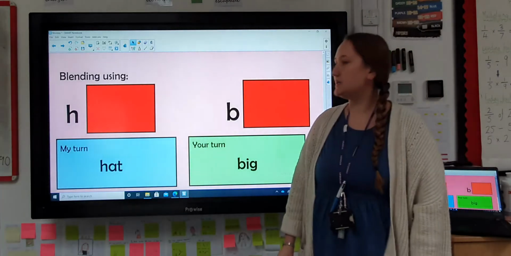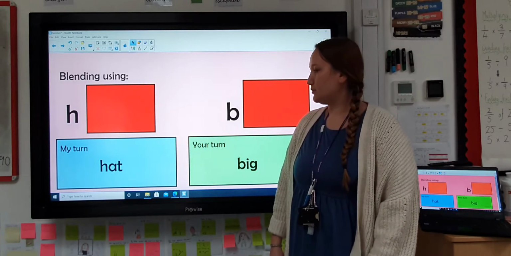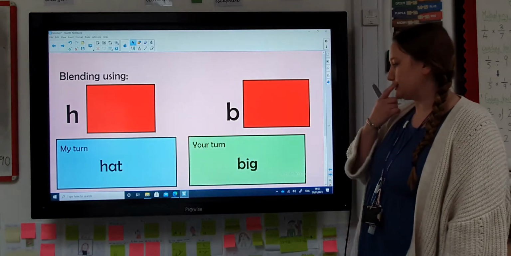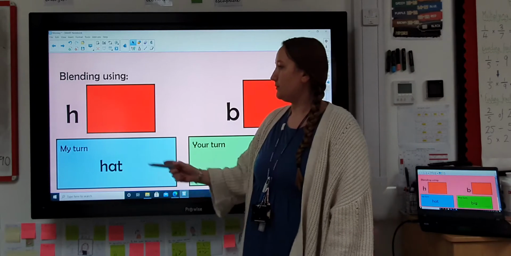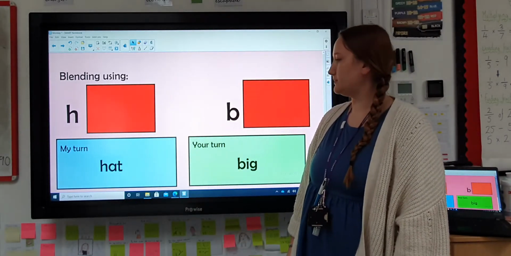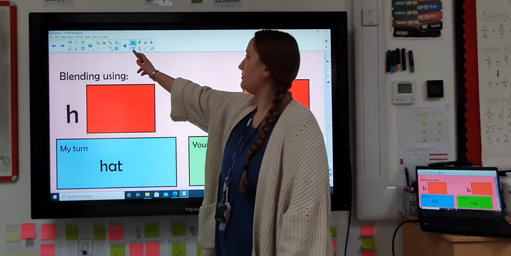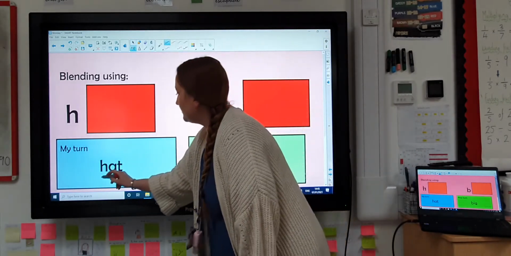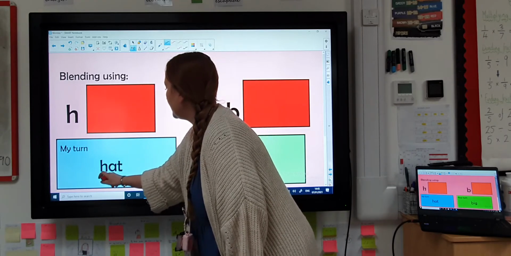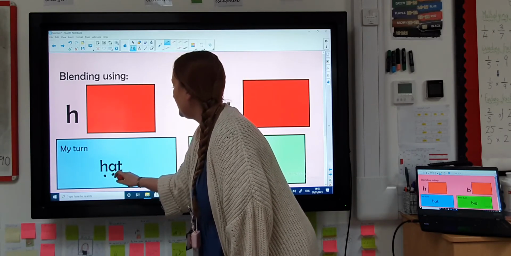So we're going to blend some of these words. I'm going to have a go at this one and you are going to do this one. We're going to do that one together. So which phoneme am I going to be blending with? Okay, so I'm going to get my phoneme buttons. There we go. So 1, 2, 3.